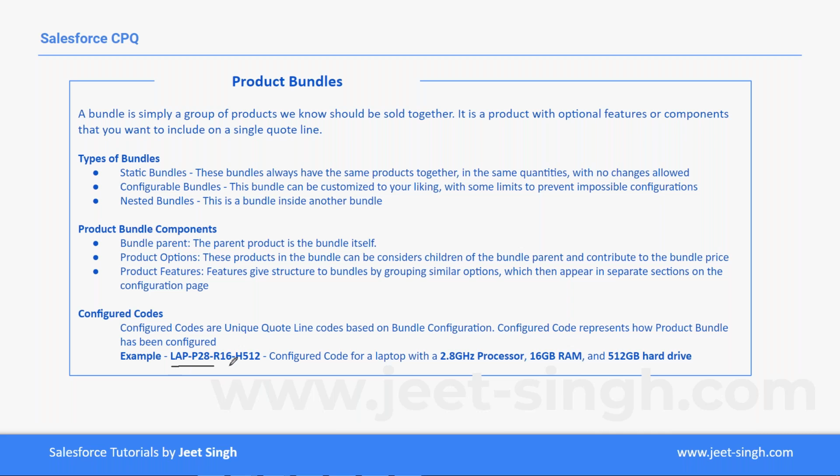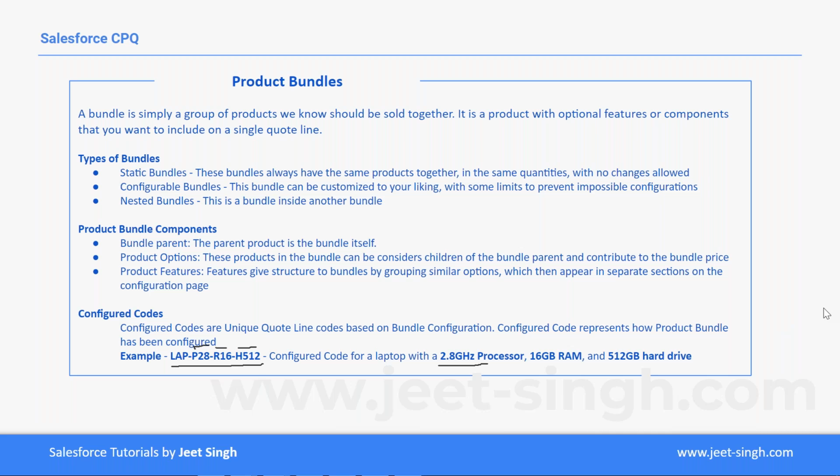This is a configured code of a product bundle, where P28 is for a 2.8 gigahertz processor, and you have the option to set what sort of code you want, the template of the code. You have that option to choose, so don't worry about that. For 16 GB RAM, R16, I would say P28 R16 H512. H means hard drive, 512.